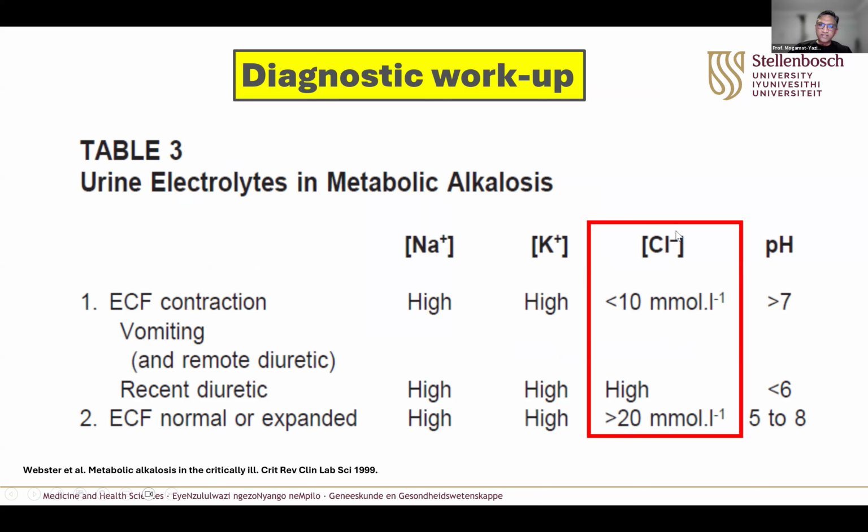In the context of ECF volume contraction and a low urine chloride, vomiting or recent or remote diuretic use would be the top two causes. And as I mentioned, these two would probably account for 90% of cases of metabolic alkalosis you'll be confronted with in clinical medicine.